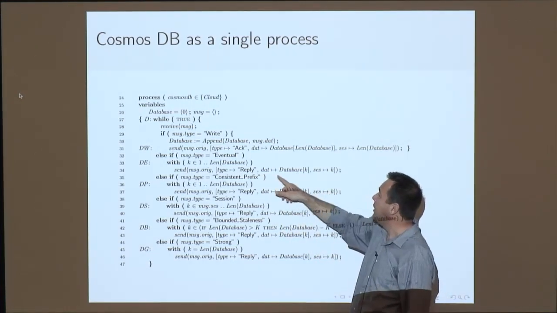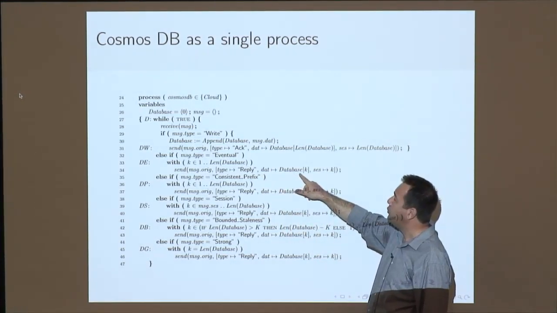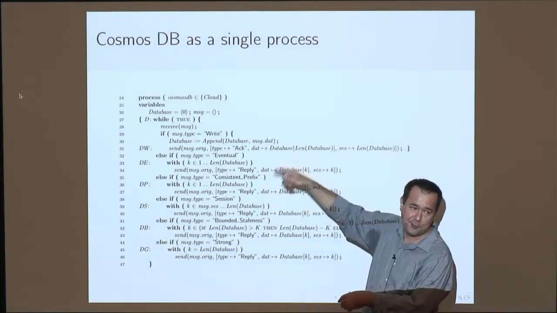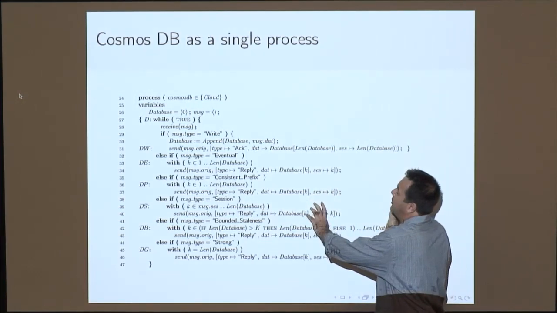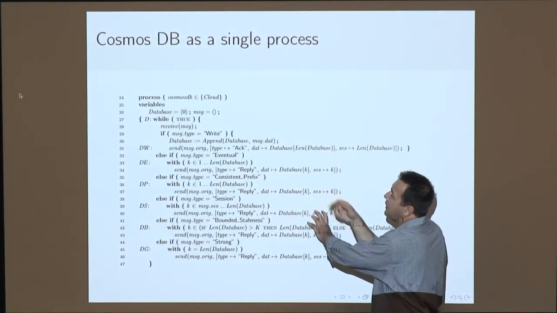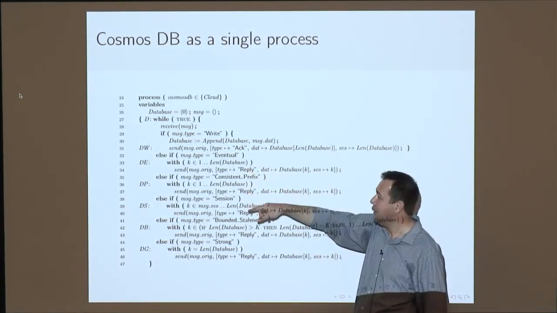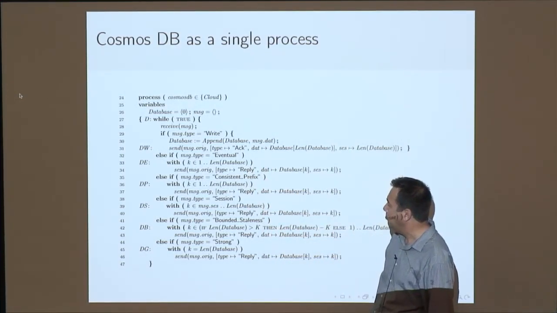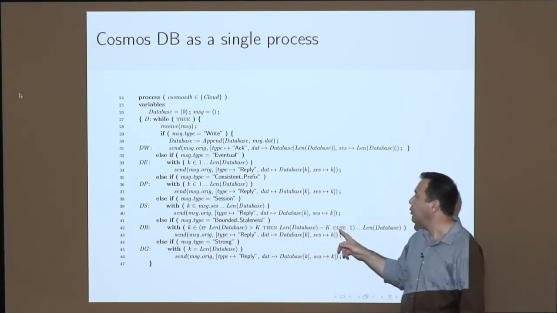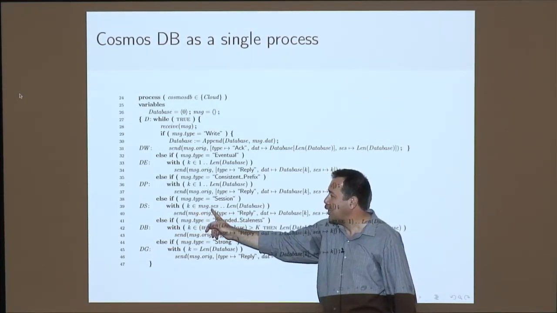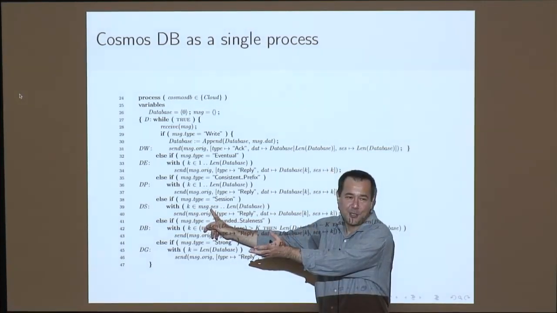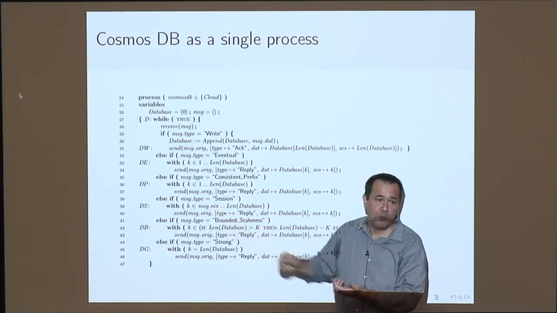For eventual, it will basically send any value in the database history so far. Because there could be a replica that didn't get the latest replicated, it will send that value back to the client. For the session, it's going to send something with the staleness limited to going back to the session token and not earlier. So it will say, this guy gave me a session token.